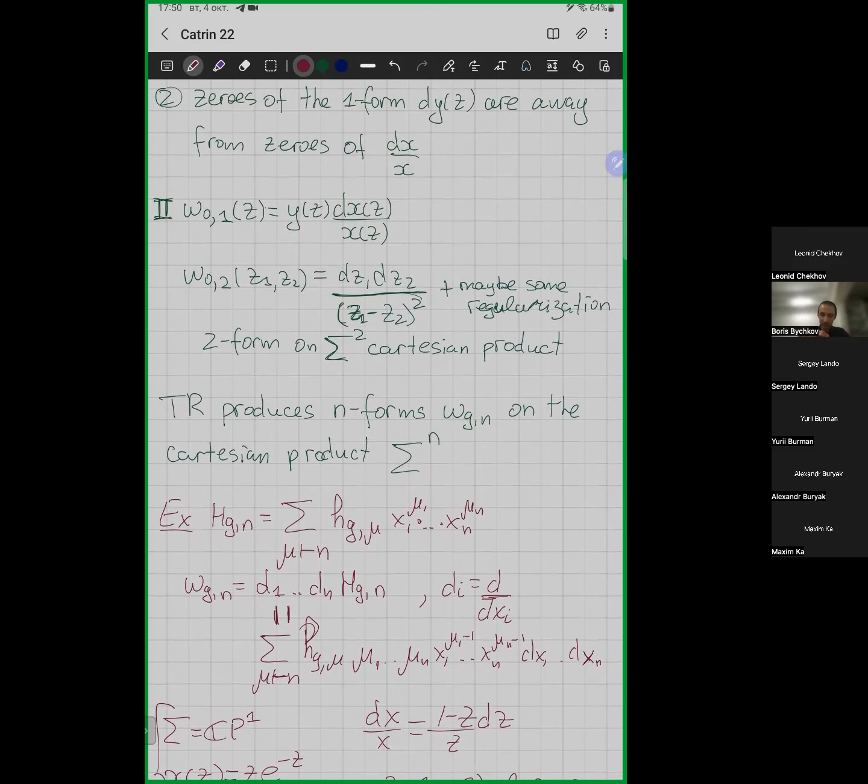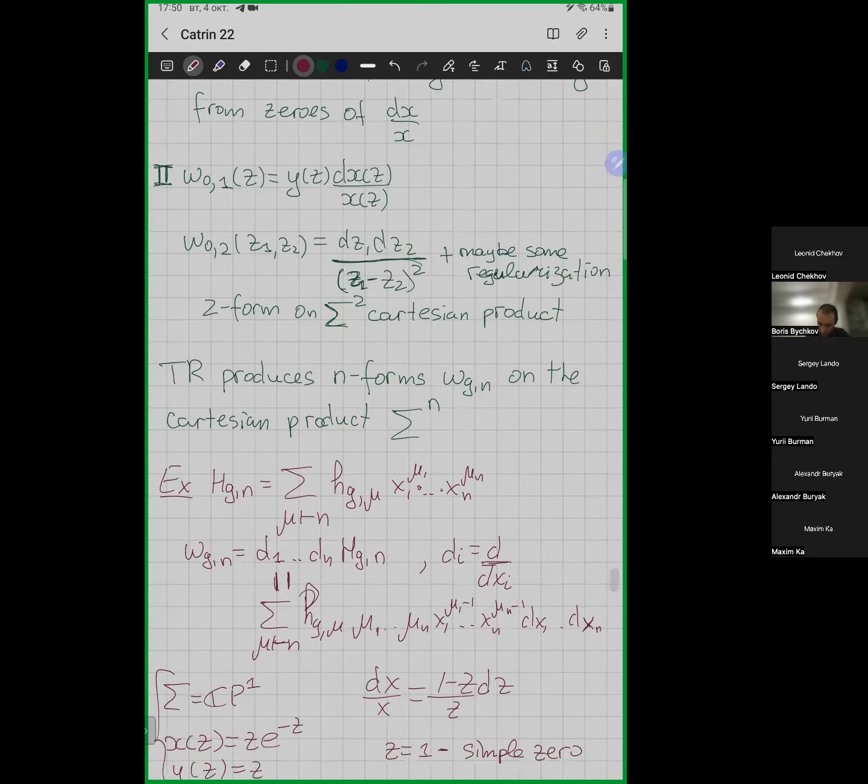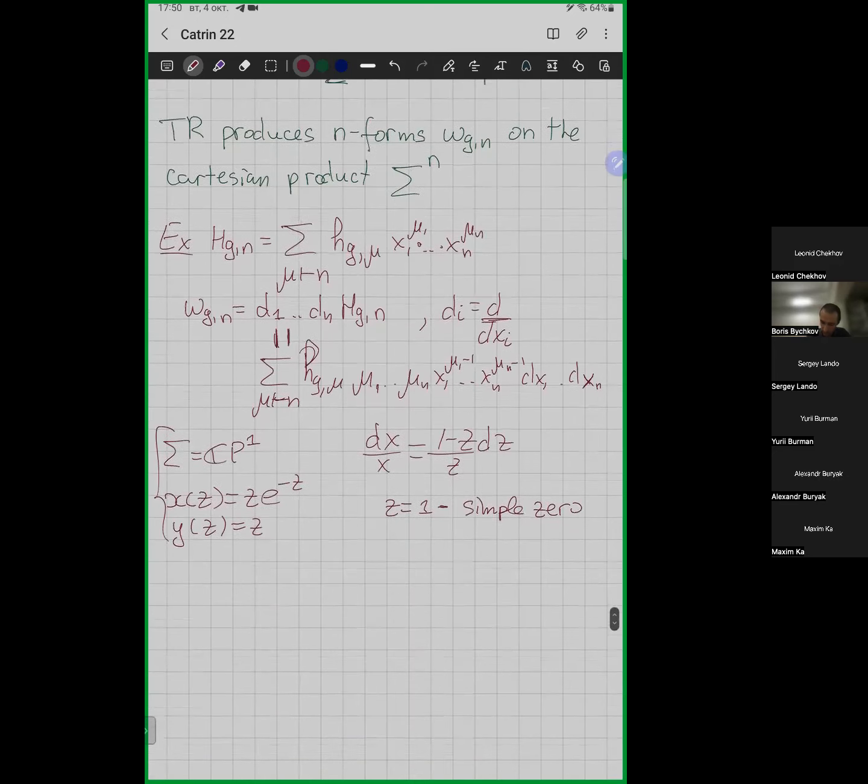The recursion gives you this form omega_{g,n} in the coordinate z, and then you should re-expand it in the x coordinate. So maybe let me write it.